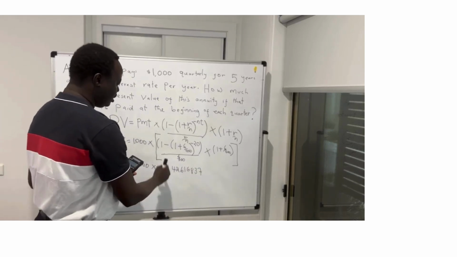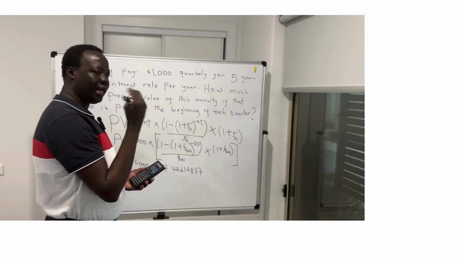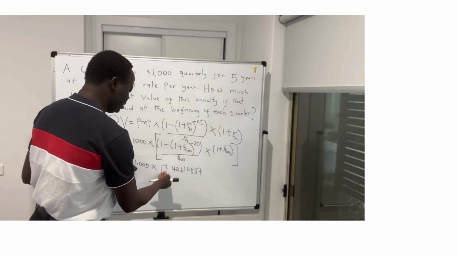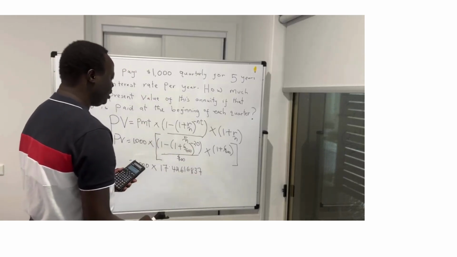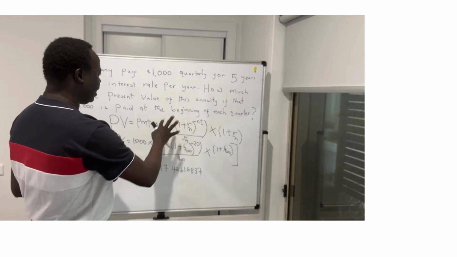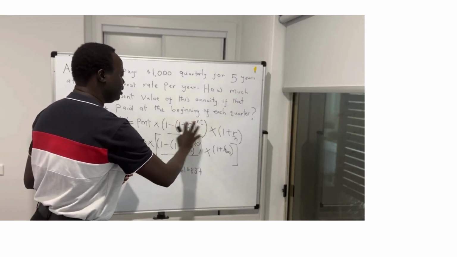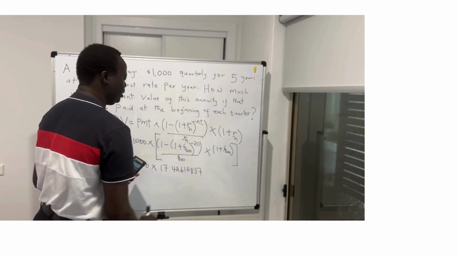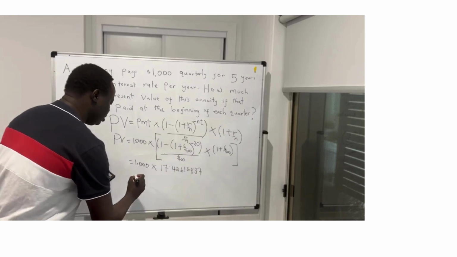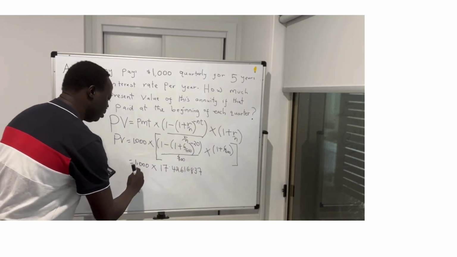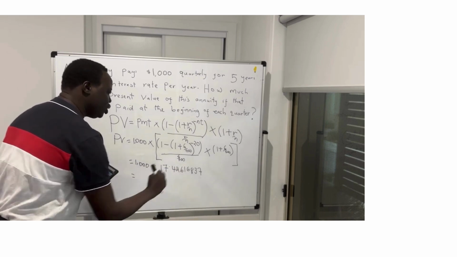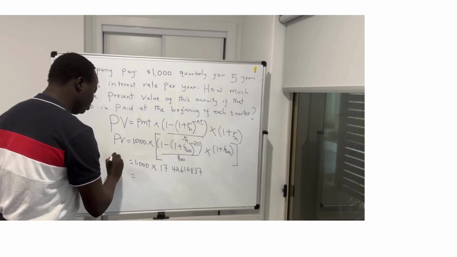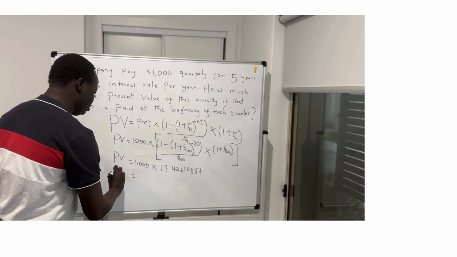So this is the present value of an annuity due interest factor, this part. You got it by calculating this part times that part, and that's the whole thing you got here. Now, the next step is to multiply this by this to get the present value, which is what we're looking for.